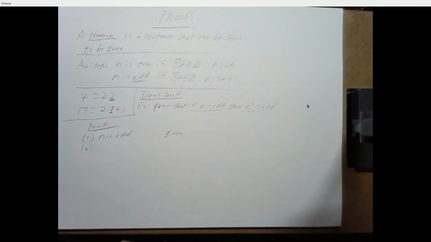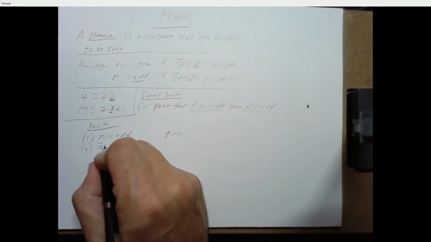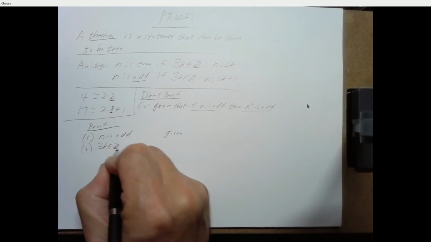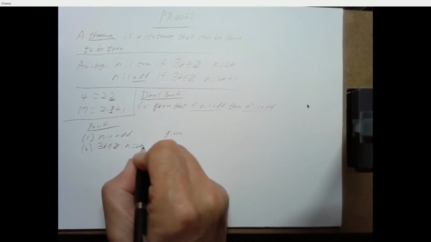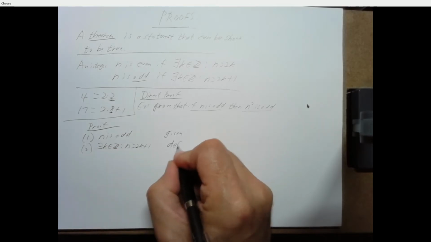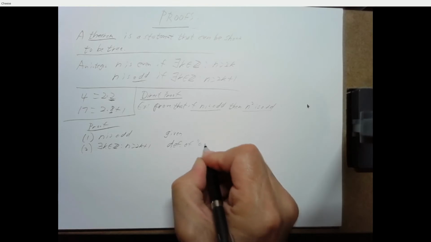Well, really the only thing we can do at this point is write something based on the fact that n is odd. And here's something we can write. There exists a k, which is an integer, such that n equals 2k plus 1. This is the definition of the term odd.